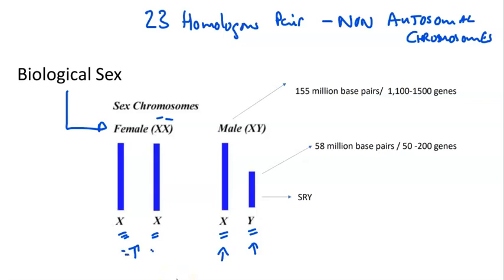When we look at a comparison of the size of the X chromosome, we see something which carries about 155 million bases and accounts for in excess of 1,000 genes, perhaps 1,500 genes. The Y chromosome, in contrast, is much smaller, known to carry about 55 million base pairs and somewhere between 50 and 200 genes.